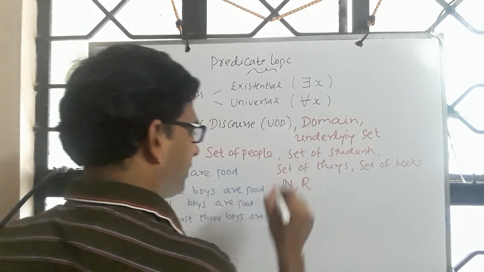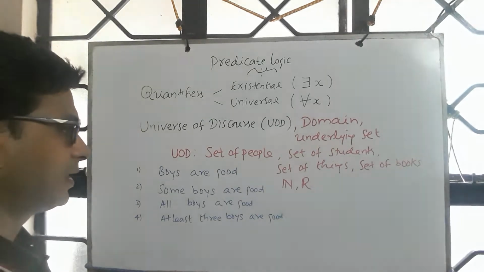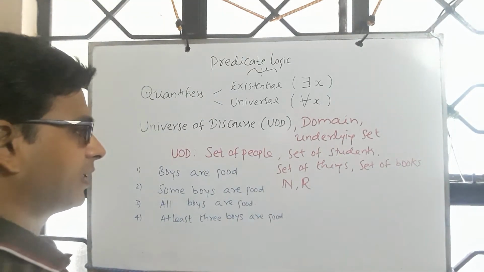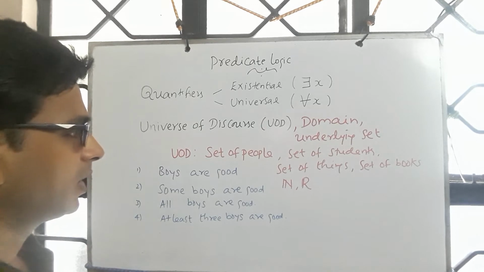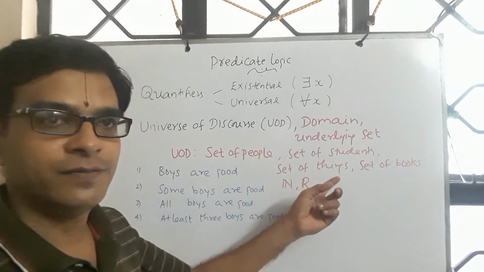So we work with a set. That set could be the well-known natural number set or real number set, or it could be a specific set according to the context we choose.